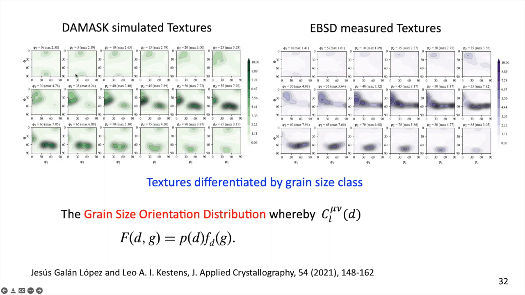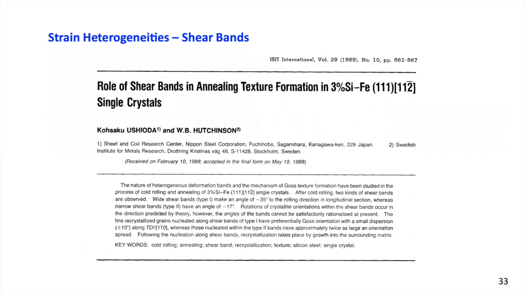You can then represent the texture for different grain size classes. These are all different grain size classes. At the moment, we have just developed the mathematical formalism, and the idea now is to use this to get a better statistical description of the microstructure.